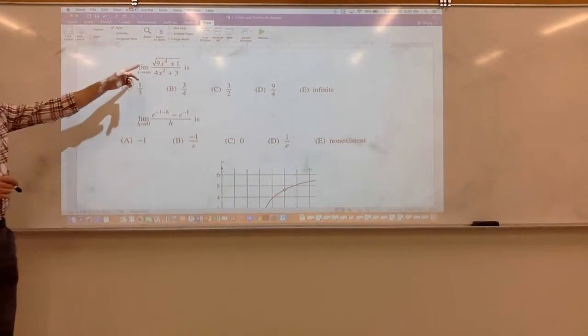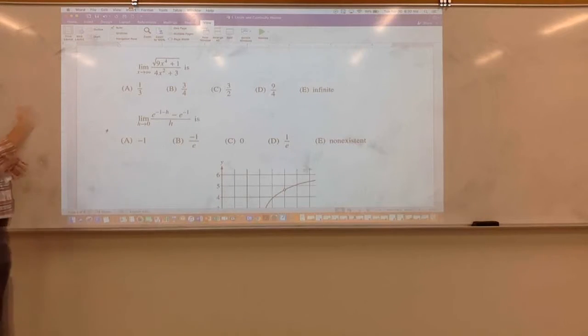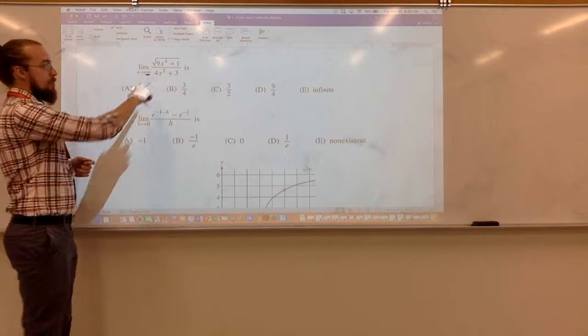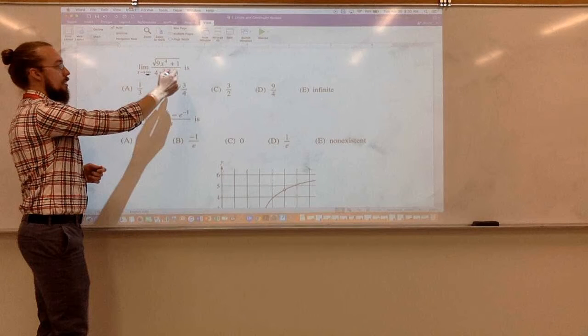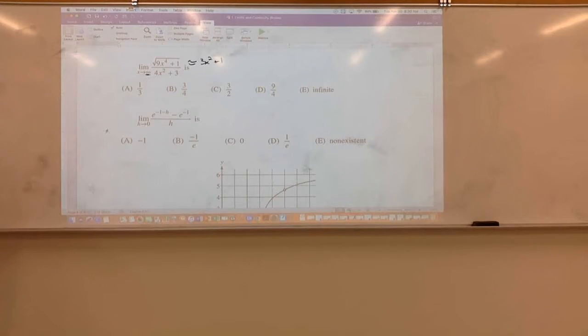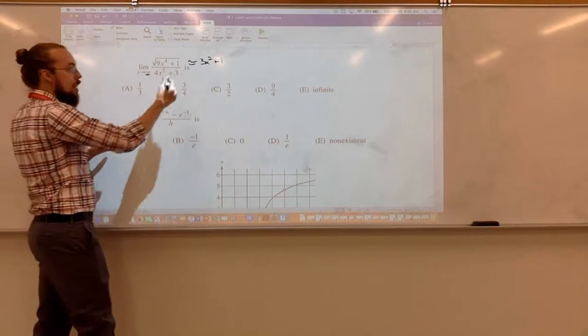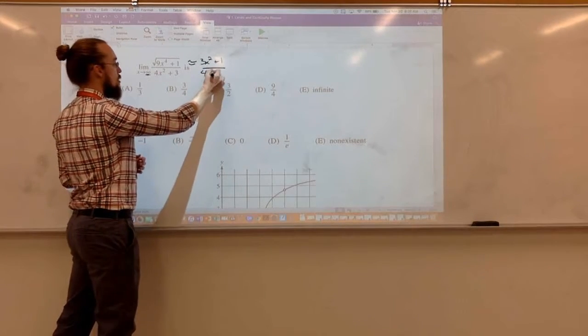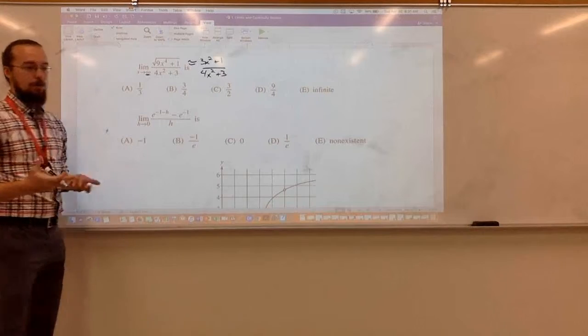So, we're talking about a limit as x approaches infinity. We can say that 4 plus 1 is approximately equal to this. It's not actually equal to that, but as we approach infinity, it is about equal to that.